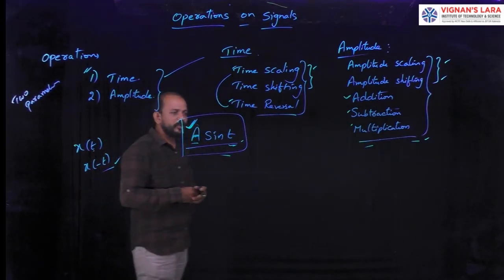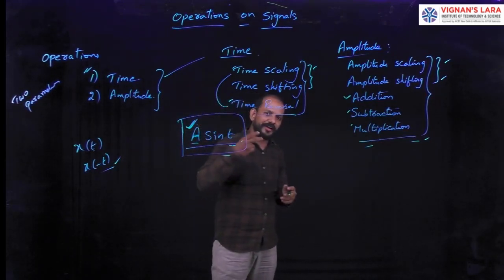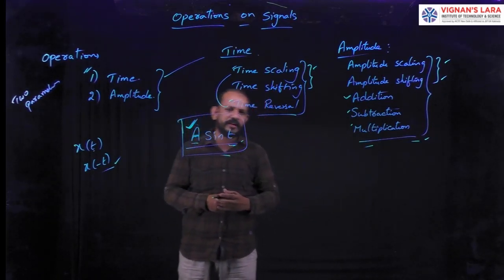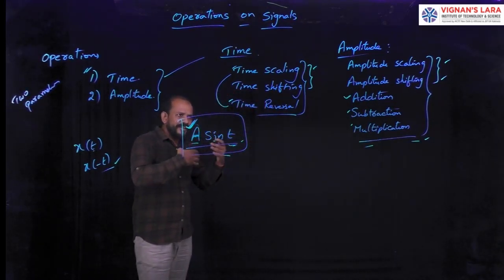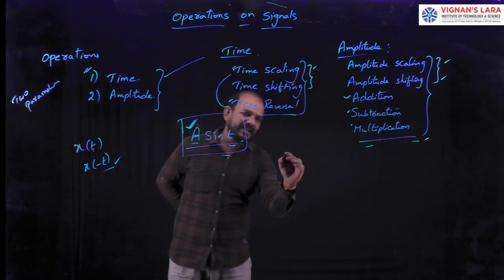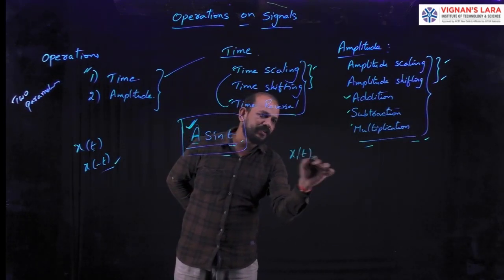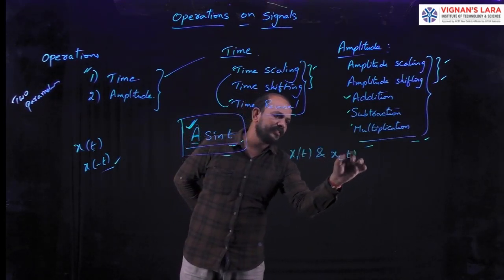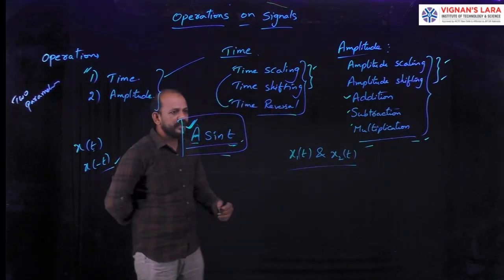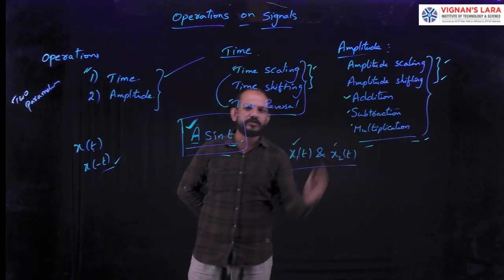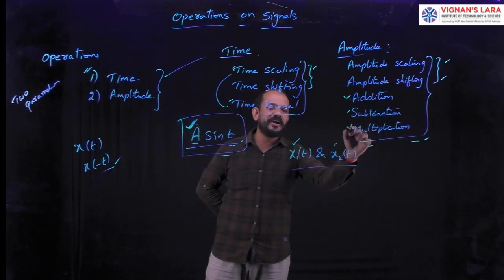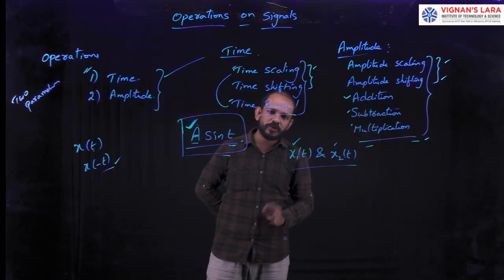To perform addition, subtraction, or multiplication, I need two signals, and I will consider those two signals as x1 of t and x2 of t. I will take these two signals as examples, and perform the operations of addition, subtraction, and multiplication on them.